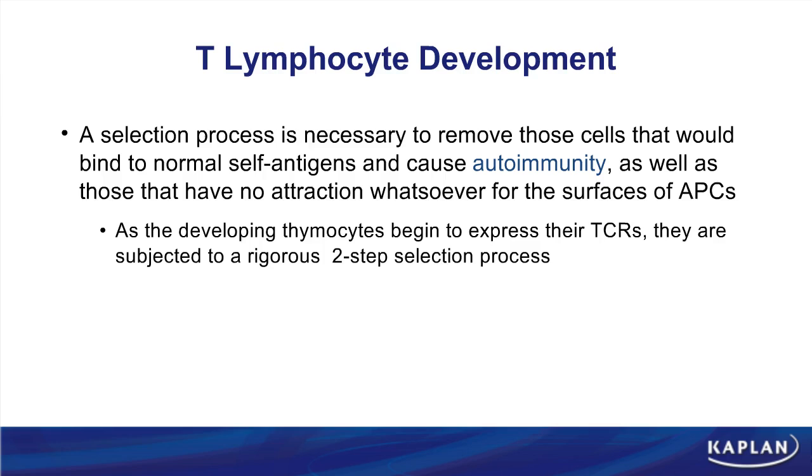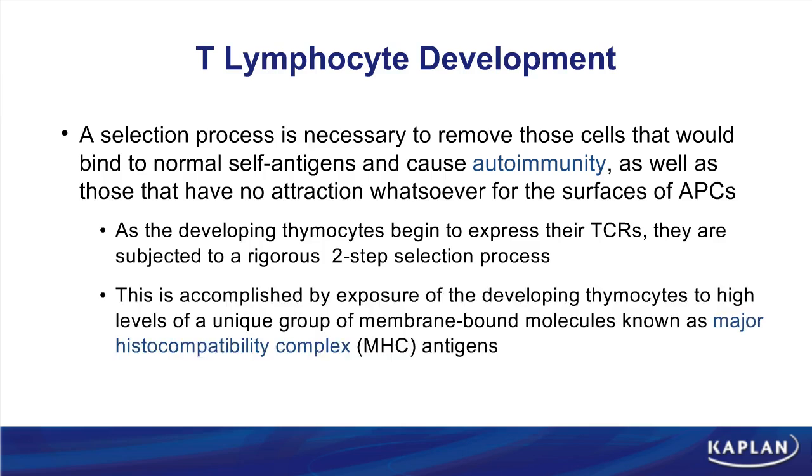But the gist of the selection process is that because T cells always have to see antigen in the context of an MHC molecule, within the thymus during development and selection, the T cells have to be able to recognize all of the different MHC types, which will actually guide their differentiation into T helper cells or cytotoxic T cells.